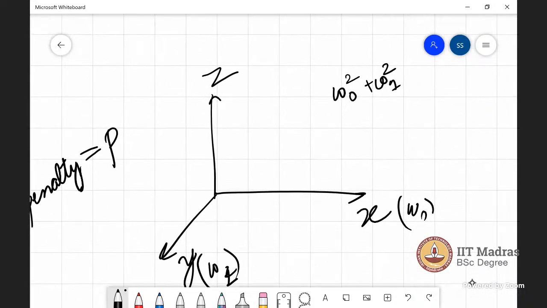For the sake of explanation, let's say they take some constant value. So let's say if it is 0, what is going to happen? We are going to get a point 0, 0, 0, which is over here at the origin. Do you agree?